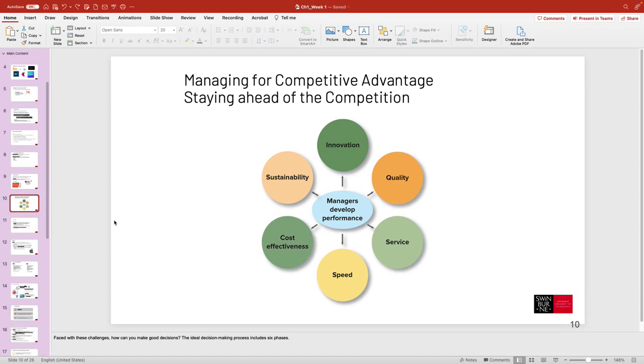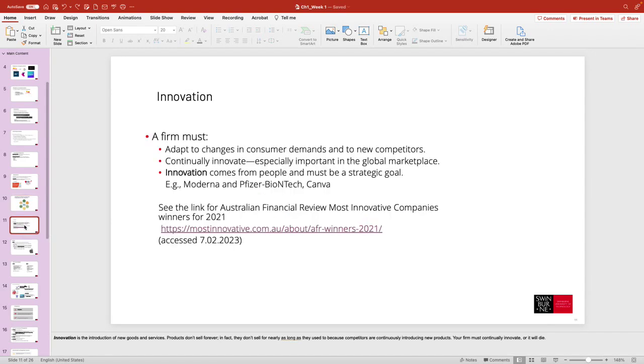Sometimes one can say I need the speed, one can say I need the quality, someone can say I need the innovation. So if you want to win in this competitive world, perhaps organizations and managers need to develop their competitive advantages in different areas.